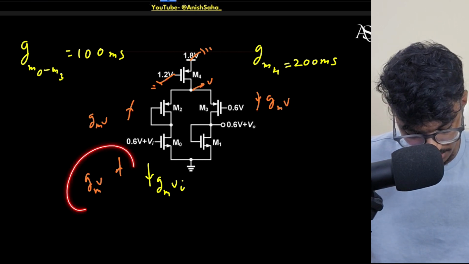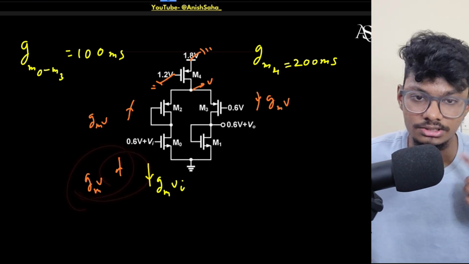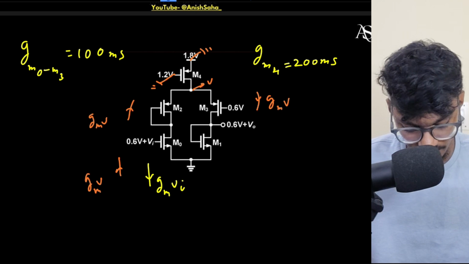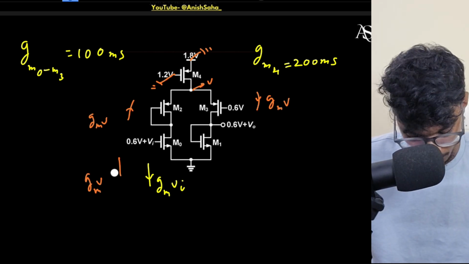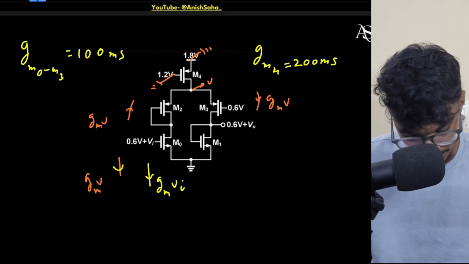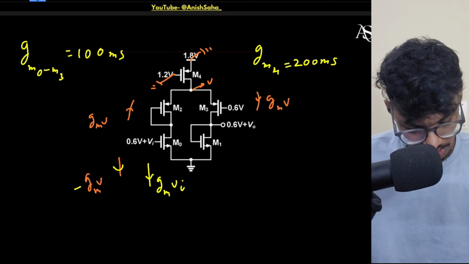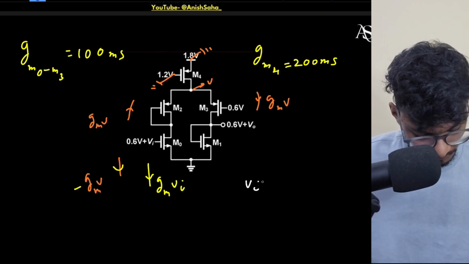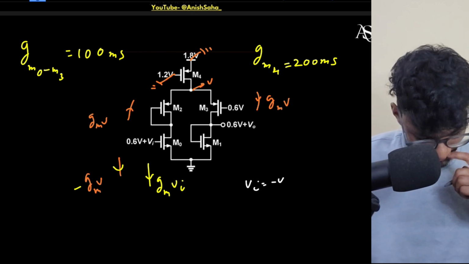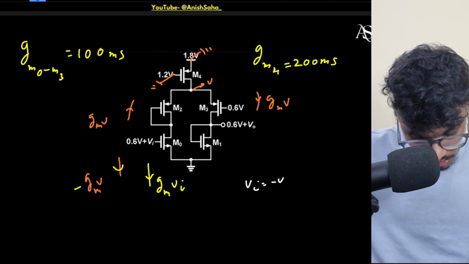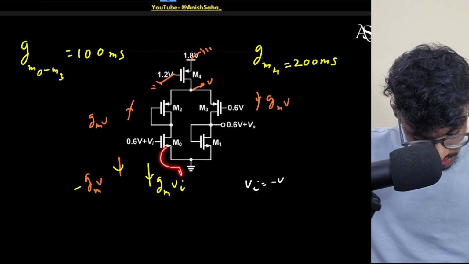If I keep this in the same direction, how do I write this? Just write minus V. GM times minus V will just make the direction opposite, so I can write it like this as well, right? This will be minus GM times V, so VI will be equal to minus of V, correct?